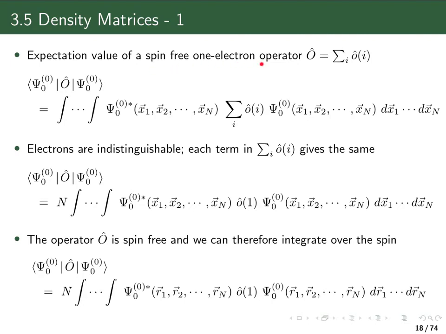Now we assume that we're looking at a spin-free operator, and therefore I can integrate the spin out, which means that after spin integration I only have the 3 spatial coordinates for every electron. Now I want to make use of the reduced one electron density matrix in this integral.